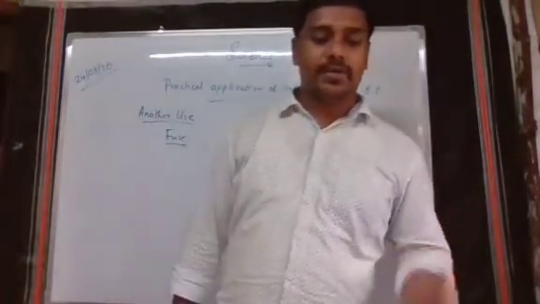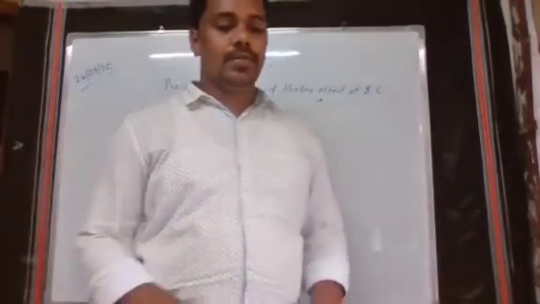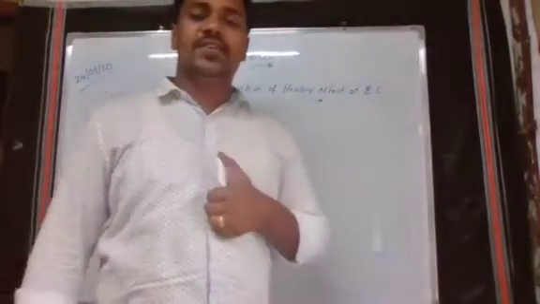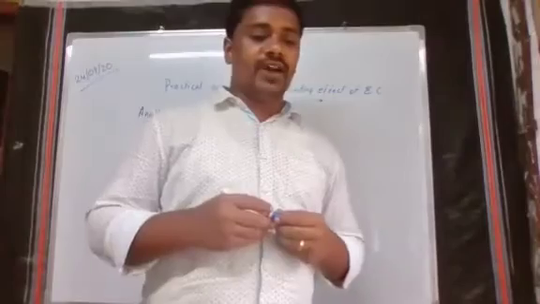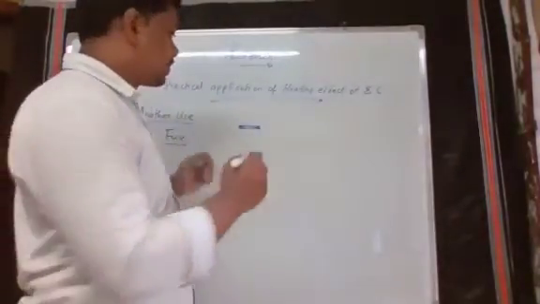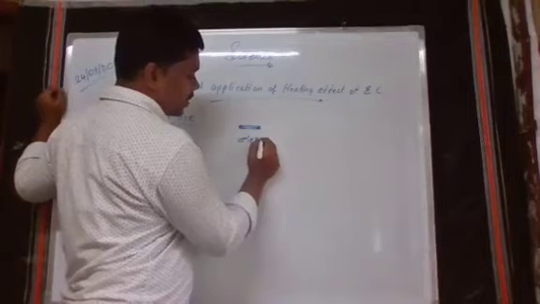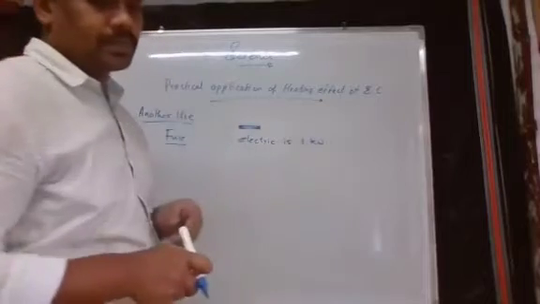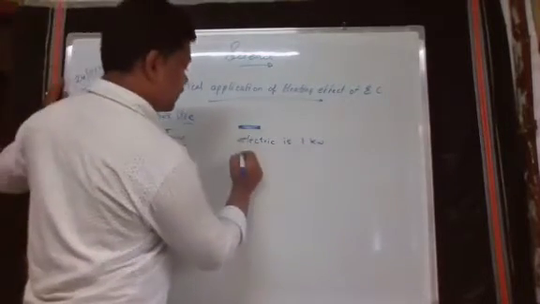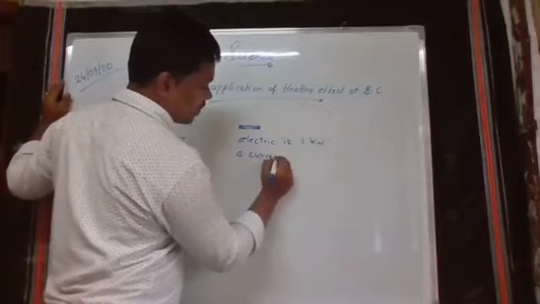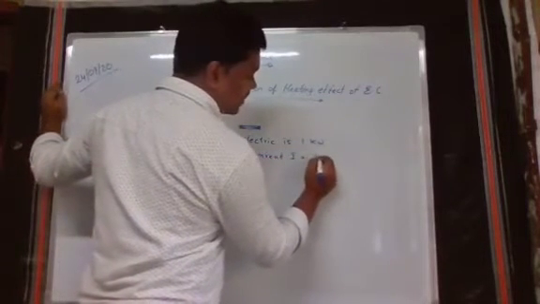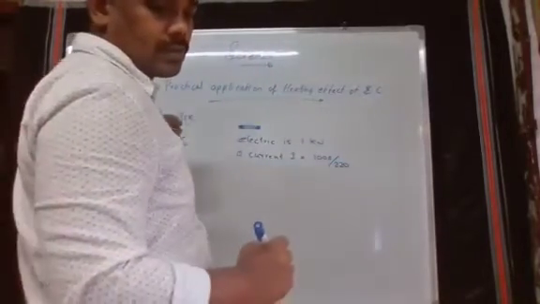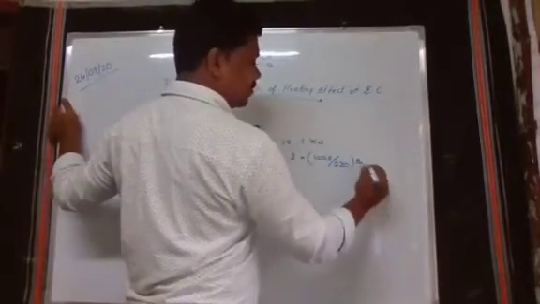For example, in the case of an electric iron, which has 1 kilowatt of electric power, a current I of 1000 by 220 ampere flows through the electric iron.